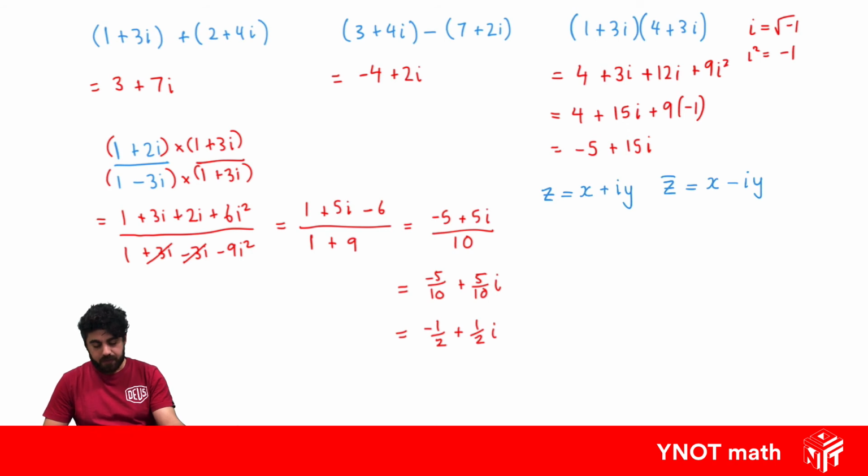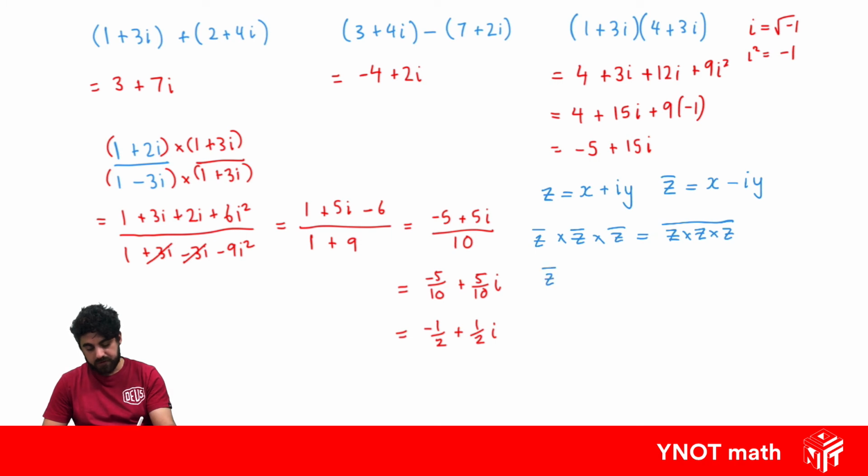And looking at conjugates, we actually can get a couple of results. If you multiply conjugate complex numbers together, it's the same thing as multiplying all of the numbers together first and then taking the conjugate of that result.